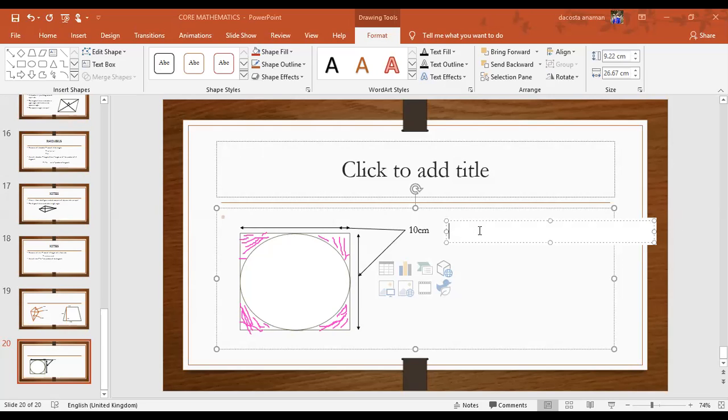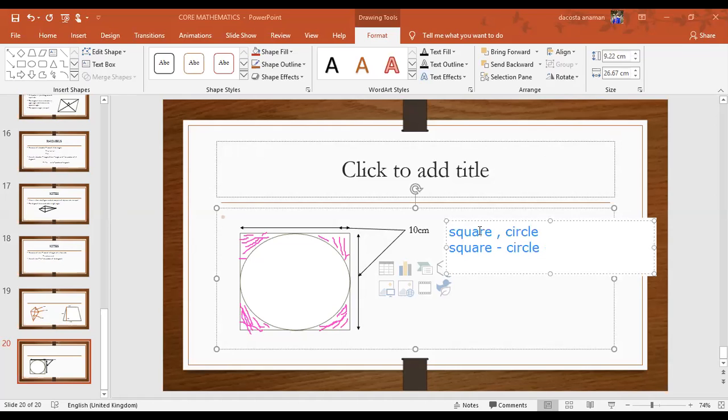Now, for the area of the shaded region, we have two kinds of figures there. We have a square and we have a circle. The circle is inside the square, and the shaded region is the part of the square that the circle does not cover. Therefore, all we have to do is to find the area of the square and subtract the area of the circle from it.